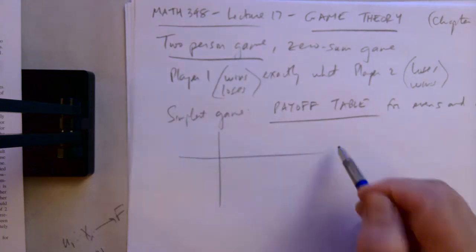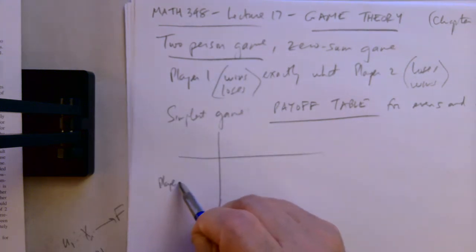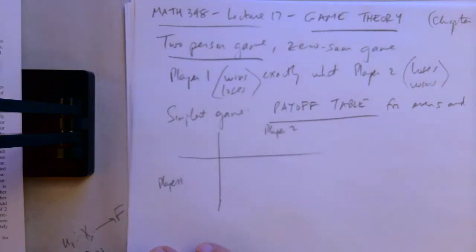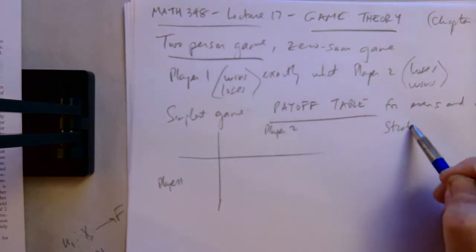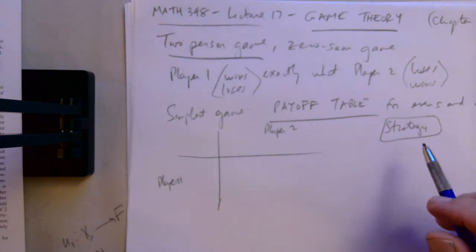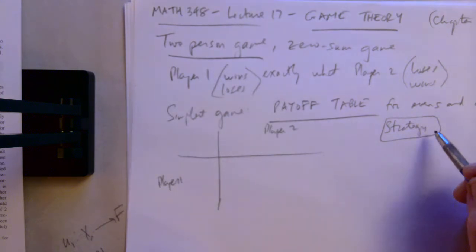So here we have player one. Here we have player two. And each player has a strategy. Strategy is what the player is going to do. And for each of player one and player two, there are two strategies.